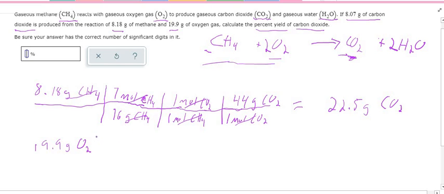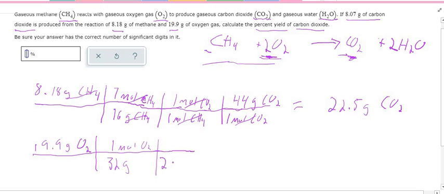But now we have to take account for the oxygen here. So again, let's get that thing into moles. I know that there are 32 grams in 1 mole of oxygen. And now I have to look at my stoichiometry. There are 2 moles of oxygen that it takes to produce 1 mole of CO2.